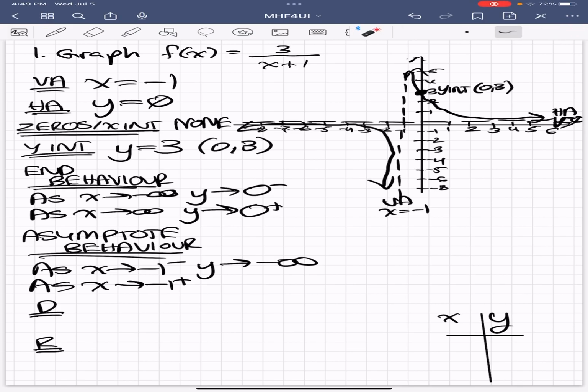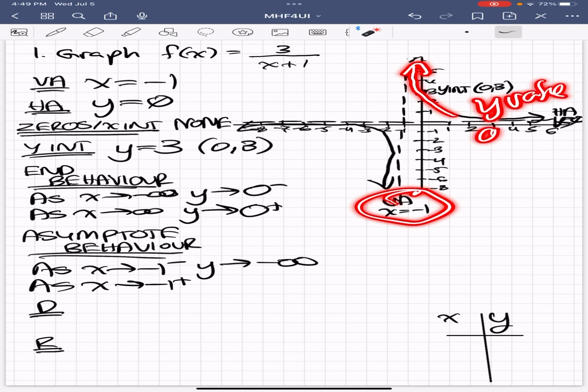And for values after the VA, as it approaches the VA, our y value approaches infinity. So that's the behavior around the VA.